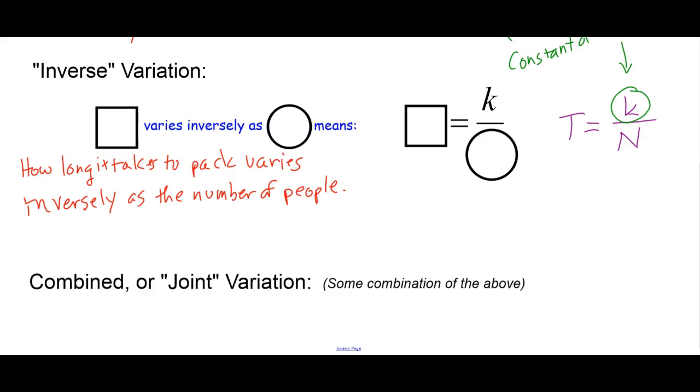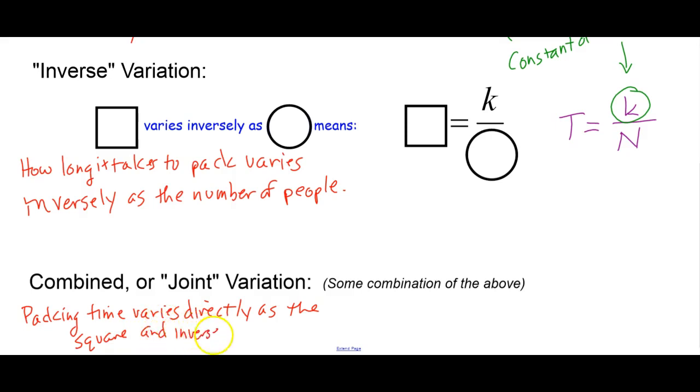So if you were to say that the packing time varies directly as the square feet, and inversely as the number of people, that's joint variation.